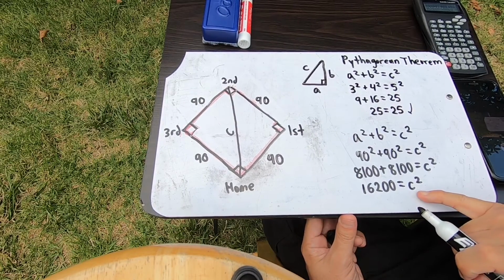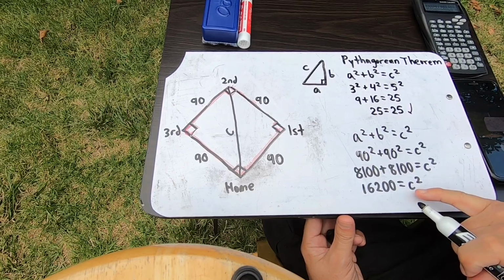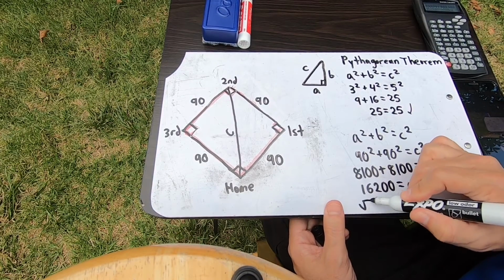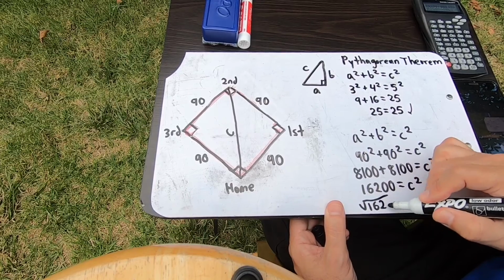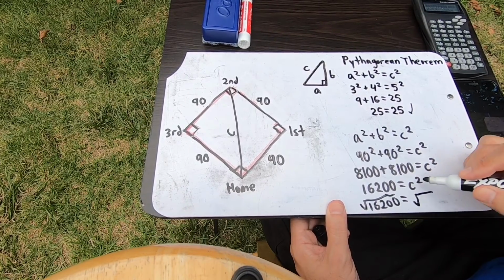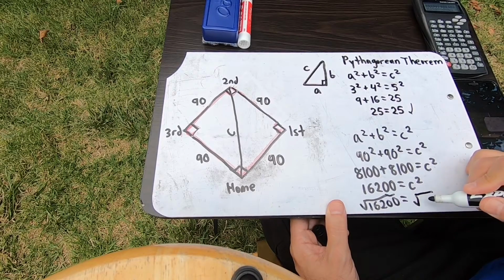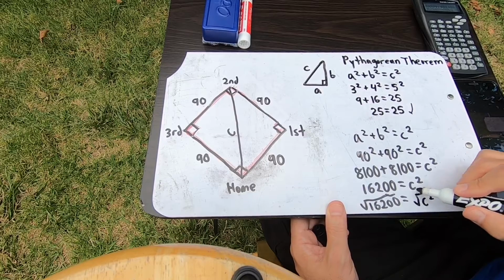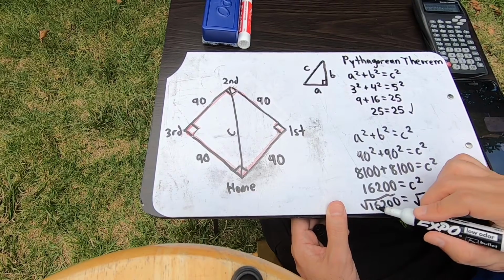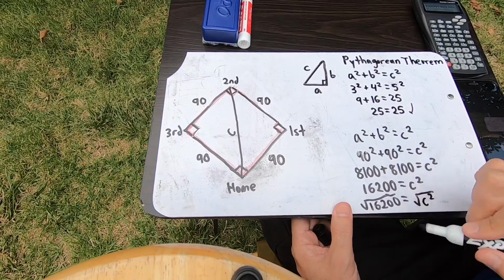Now to find c, what we need to do is take the square root of both sides. If I take the square root of 16,200, then I need to take the square root of this side too. Whatever you do to one side, you do to the other side. The square root and the square cancel out, so on this side I'm just going to have c. Now let me use my calculator to find the square root of 16,200.